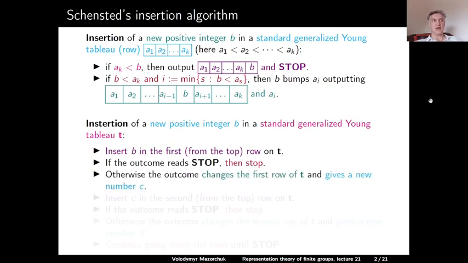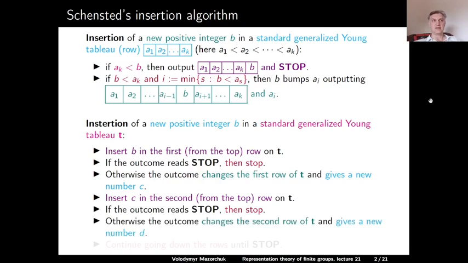Otherwise, the algorithm changes the first row and gives us a new number which was bumped from that row. Let's call it c. So then we insert c in the second row. If we get stop, then we stop. Otherwise, the second row is changed and a new number d is bumped out of the second row. And we continue down the rows until we get the stop sign.